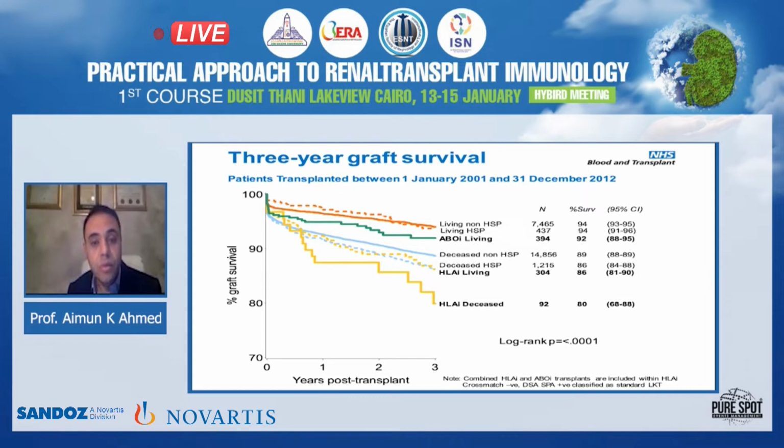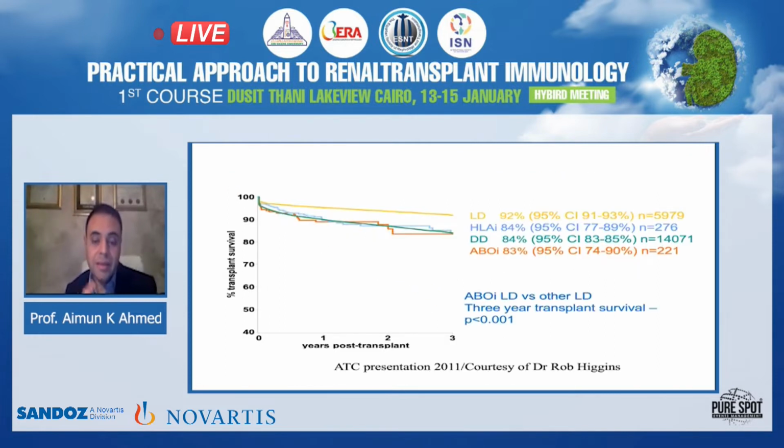The worst graft survival outcome is for HLA incompatible living and HLA incompatible deceased. But you can see that even the worst of them, the HLA desensitization incompatible transplant from a deceased donor, still has about 80% graft survival over 3 years. So it is still better than staying on dialysis, and I will show you this data shortly as well.